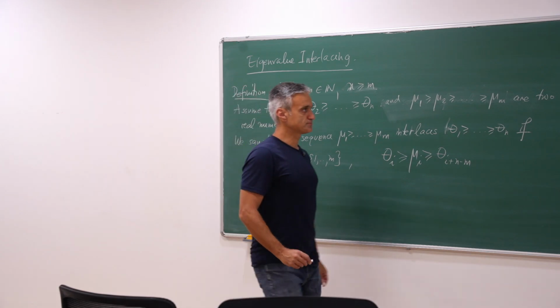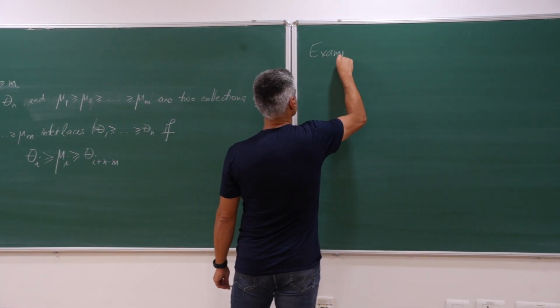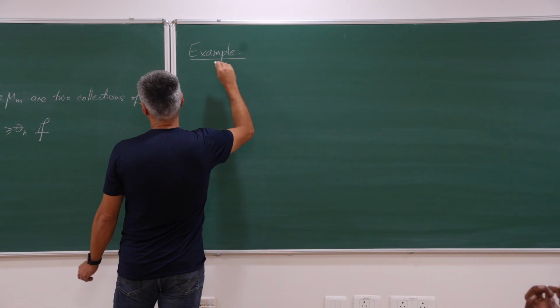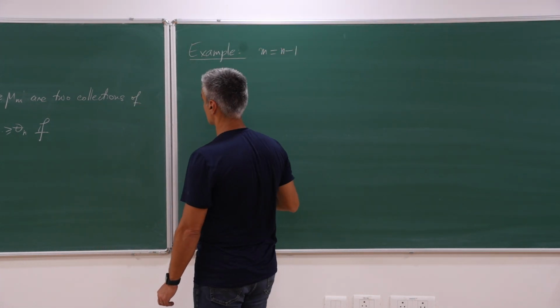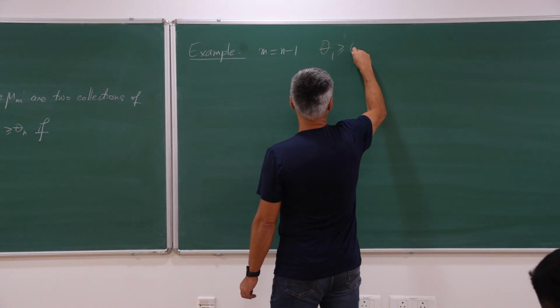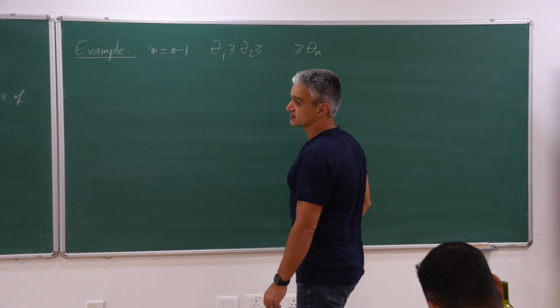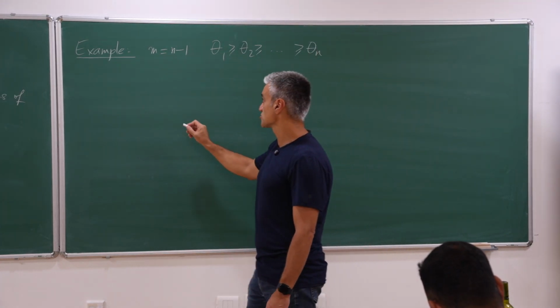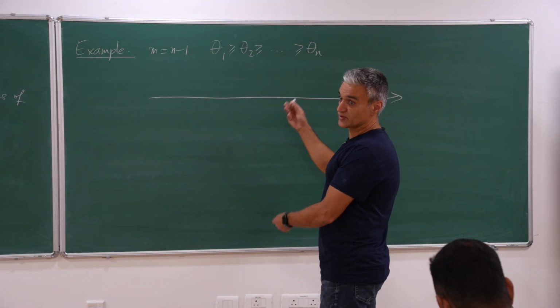Let me do it here. Let's see what happens in this definition if m equals n minus 1. I have this sequence theta 1 through theta n. Now I'm going to draw it on a line, and of course, if I draw it on the line, the order is the other way.